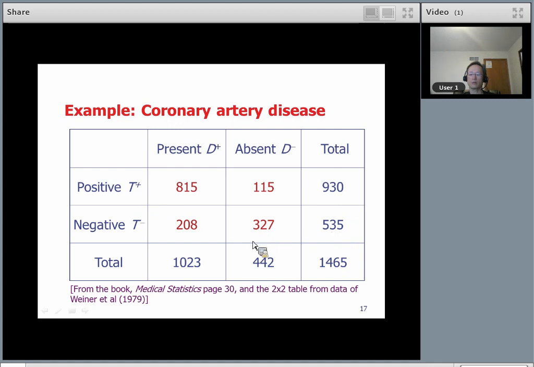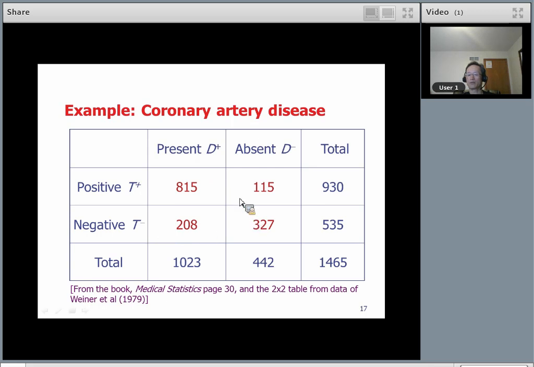So there's something wrong, right? In total 1,023 have the disease, but 930 tested positive. In fact, among them, 815 really had the disease and tested positive. So there are 208 people who had the disease and didn't test positive, tested negative.